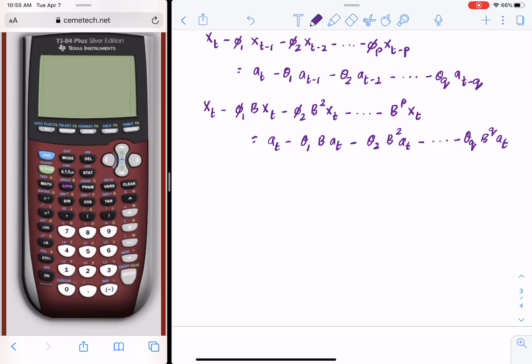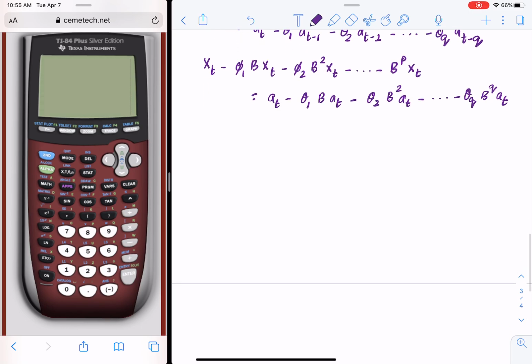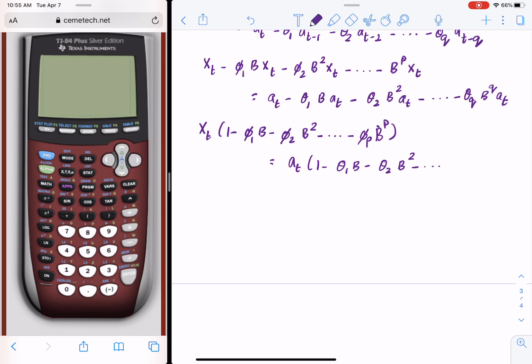I have an xt in common on the left hand side, so I would have x sub t times 1 minus phi1 B minus phi2 B squared minus all the way up to phi p B raised to p, and that would equal a sub t times, with a sub t in common, 1 minus theta 1 B minus theta 2 B squared minus all the way up to theta q B raised to q.